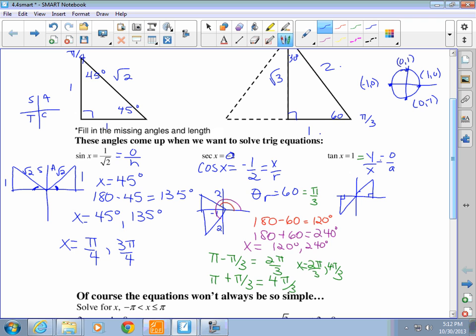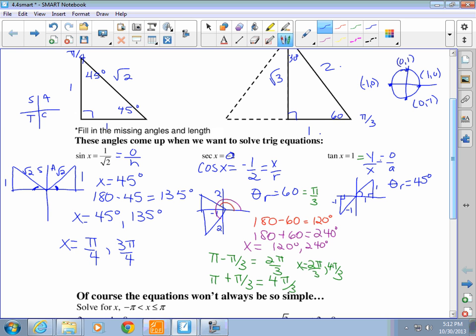So if it's here, then I know that 45 degrees is going to give me my ratio. So here I would have a 1 and a 1 as my opposite and adjacent. This one I would have a -1 and a -1. And if I put that in my ratio, -1 divided by -1 is just a positive 1. So I know that works.